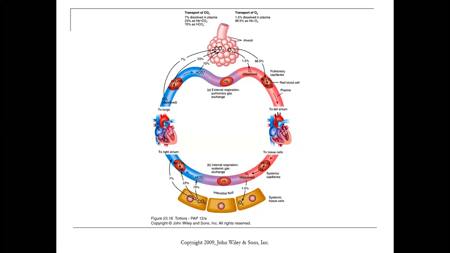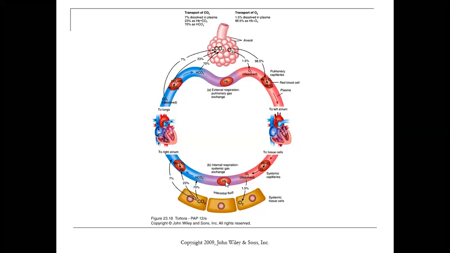It goes to the left atrium, then the left ventricle, and then to the systemic circulation in the form of HbO2, oxyhemoglobin. Here the hemoglobin dissociates the oxygen, and the oxygen from the hemoglobin as well as the oxygen from the plasma, 1.5% and 98.5%, diffuses from the systemic capillaries into the tissues, and in return now the hemoglobin is getting free.